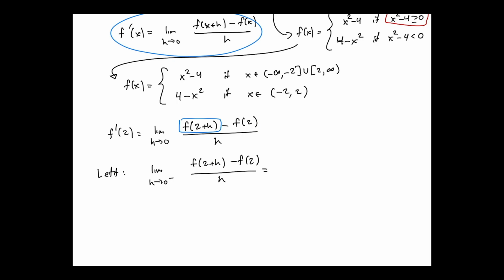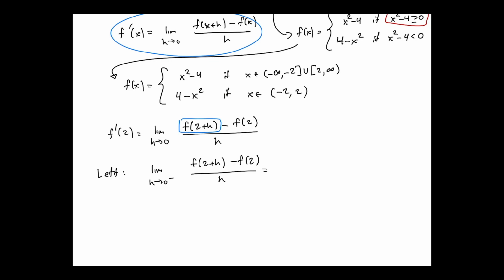Well, I need to replace the x with 2 plus h. Which line of the function do I need to replace it in? The bottom one or the top one? The bottom one, because if h is going to 0 from the left, 2 plus h is slightly less than 2. Yes, which means it's the bottom line of the function.